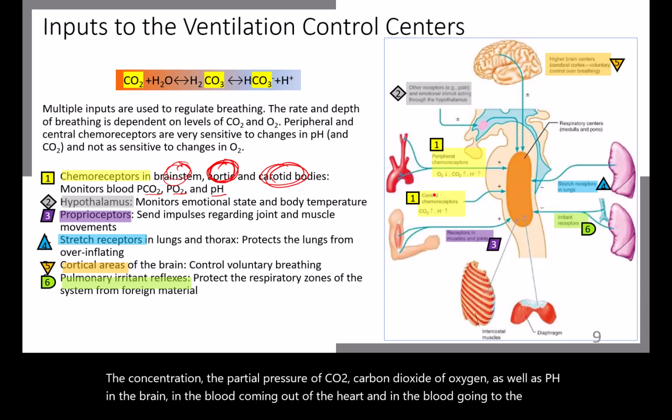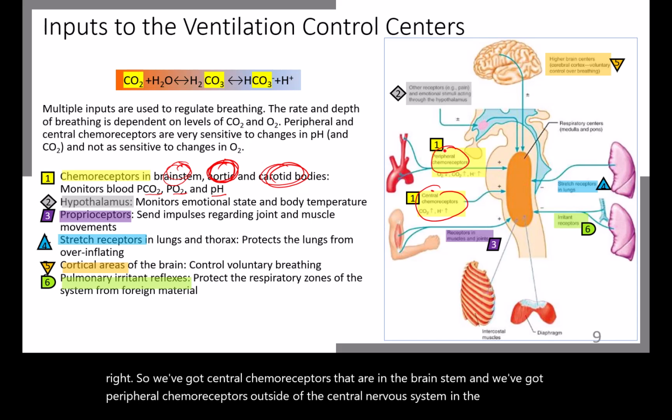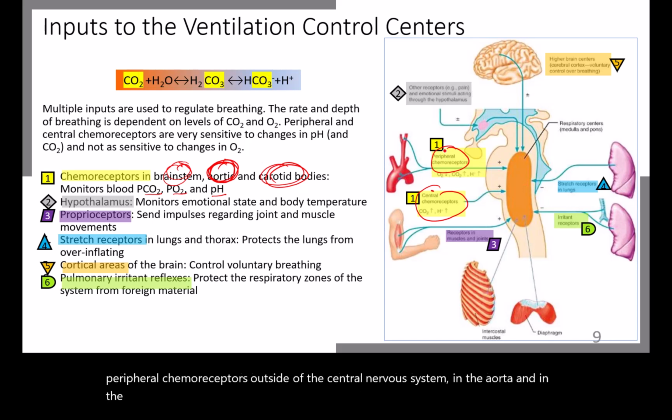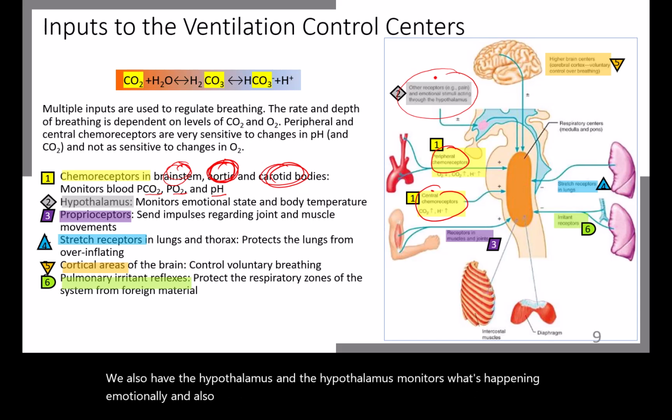Right, so we've got central chemoreceptors that are in the brainstem, and we've got peripheral chemoreceptors outside of the central nervous system in the aorta and in the carotid arteries. We also have the hypothalamus, and the hypothalamus monitors what's happening emotionally and also monitors body temperature.